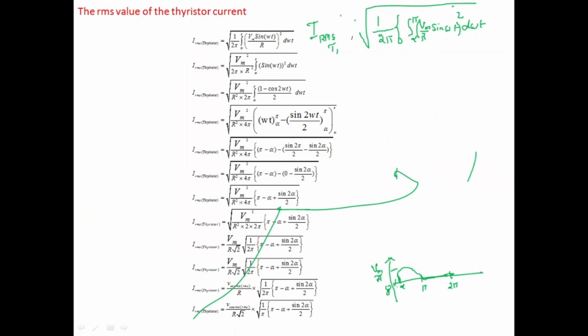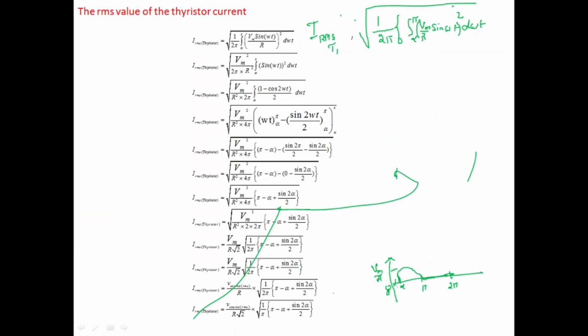I have written 4 pi as 2 into 2 pi. My intention is to keep this Vm outside, and this 2 I have kept outside, so it has become Vm by root 2 R. The rest is written here. So this Vm by root 2 times this term is nothing but V source RMS by R. So this is the formula I finally got.